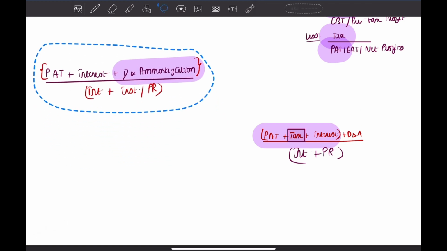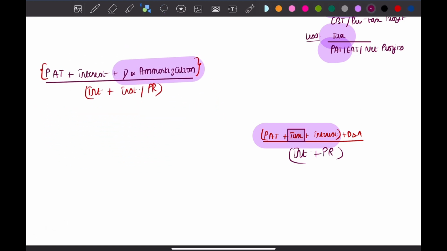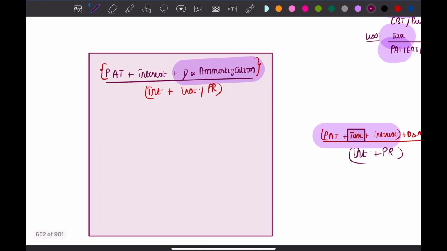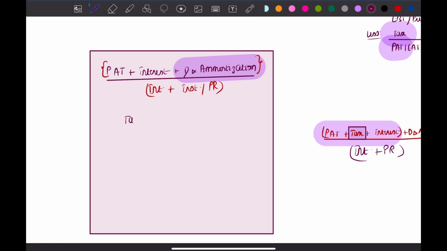This approach states that tax is an ongoing cost of business. Please everyone note down, tax is an ongoing cost of business.